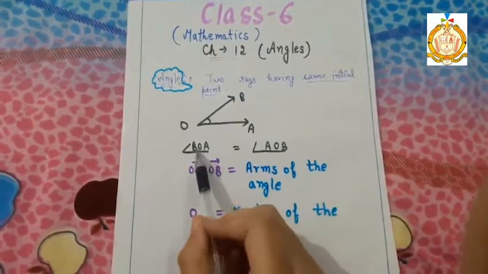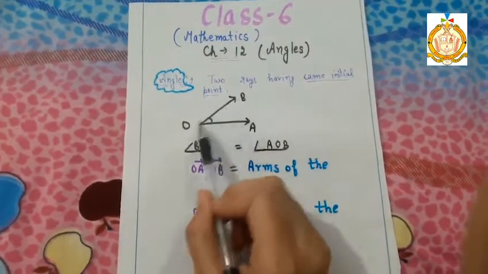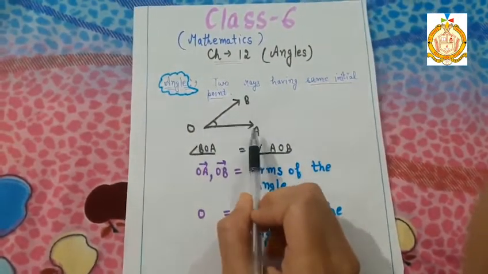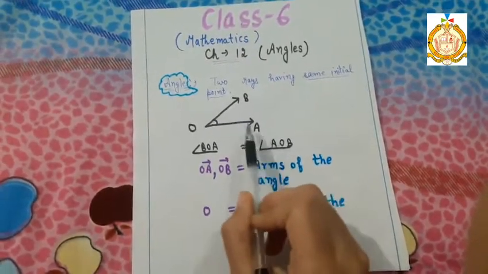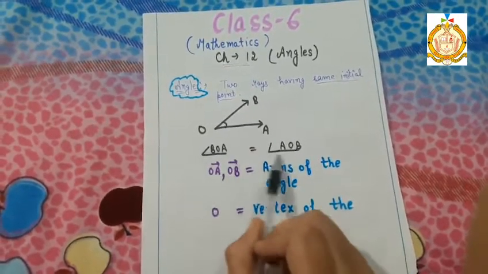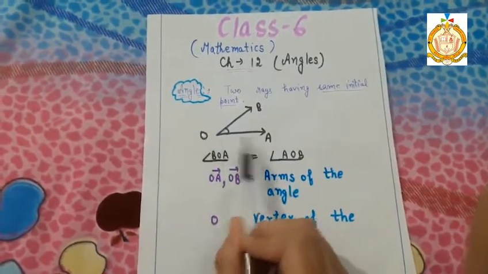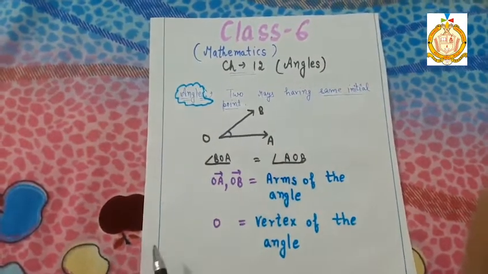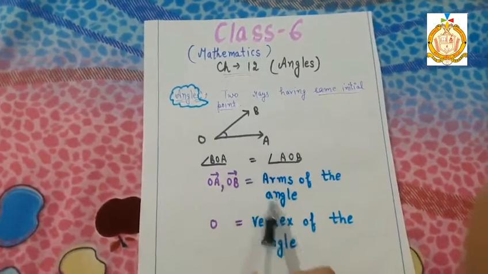An angle is written as angle BOA. Here angle BOA is equal to angle AOB. So angles are written in this manner. Now the rays OA and OB are also called the arms of the angle.